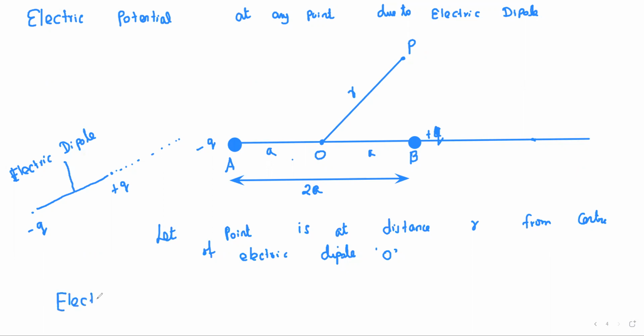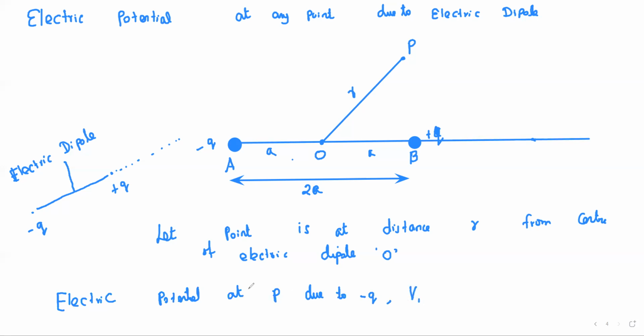Say, for example, I want to find the electric potential at P due to minus Q. Let me take that as V1.